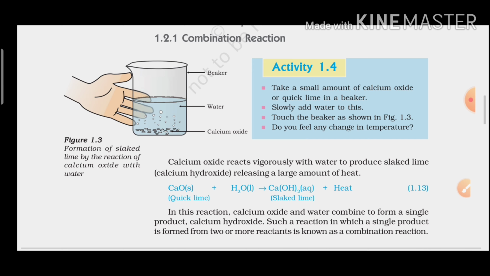This reaction can be represented with the help of an equation also. The chemical formula of calcium oxide is CaO and the chemical formula of water is H2O.